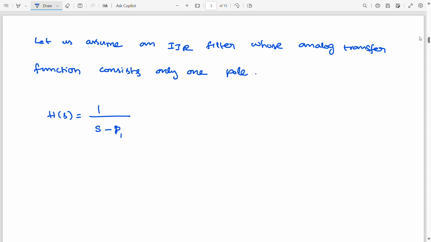Suppose the denominator consists of the polynomial function 1 divided by s plus pi, then it represents the left half pole, which means s is equal to minus pi.